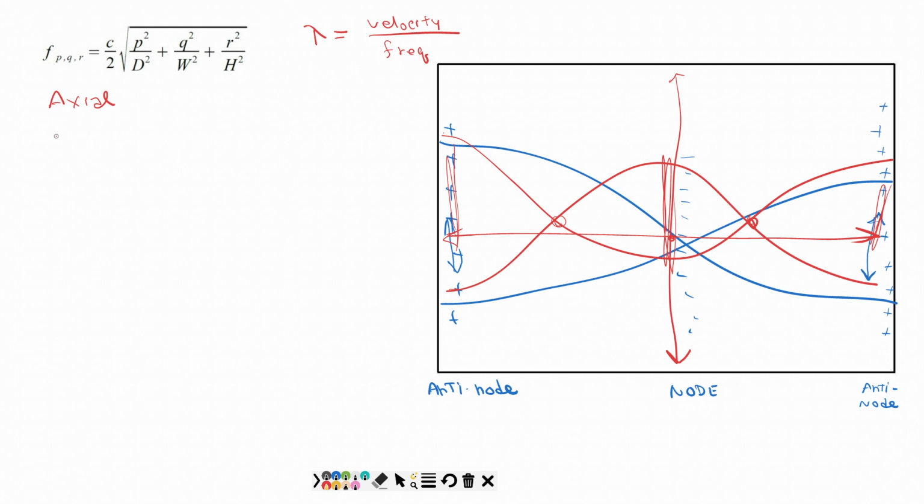Now, continuing. Not only do we have axial modes, we have tangential modes. So the axial modes basically involve 2 surfaces, right? 2 opposing walls, parallel surfaces, floor and ceiling, side walls, front and back walls. The tangential modes involve 4.